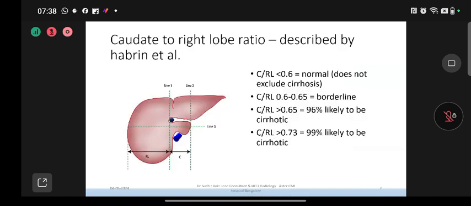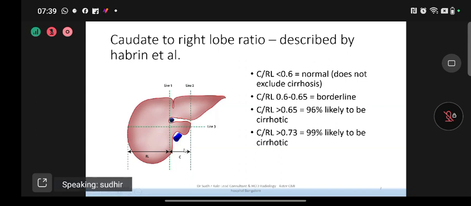Then coming to a few ratios, this is mainly for residents, to know the caudate to right lobe ratio. The caudate lobe is generally delineated by two lines. Line one is just lateral to the main portal vein, and the medial line is just medial to the caudate lobe.